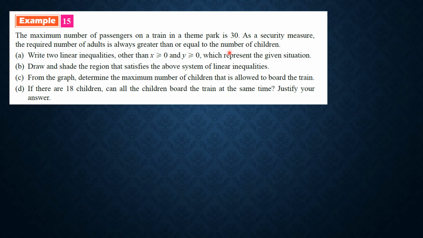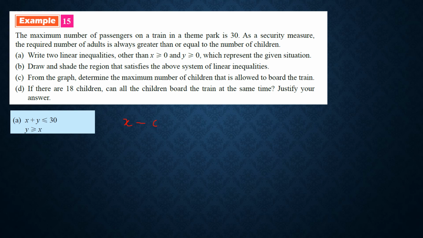So here you have two groups. One is adult and another one is children. So what you can do, you can take x as adult. Here, in this case, they took X as children. You have to mention what the variable stands for. So here X stands for the number of children and Y is adult.